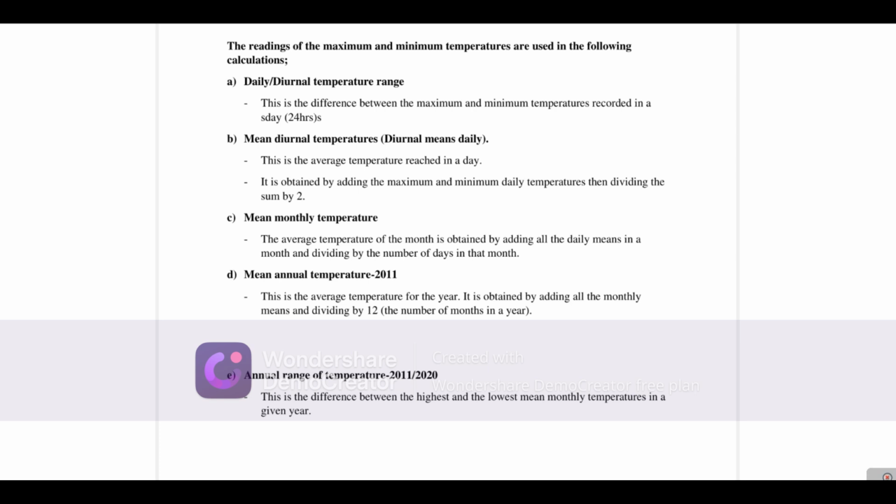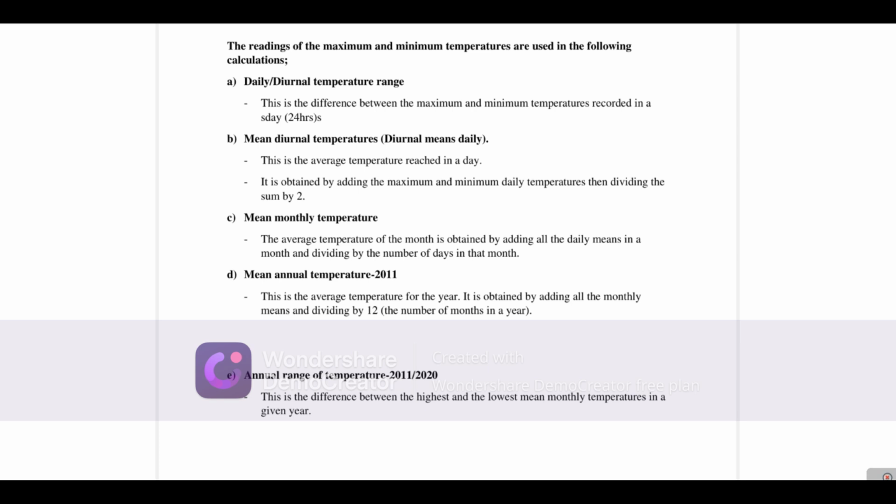The diurnal temperature range, whereby we say, of course, anything to do with the range, it is actually the difference between the maximum and the minimum value. So daily or diurnal temperature range is the difference between maximum and minimum temperatures recorded in a day, that is a period of 24 hours.